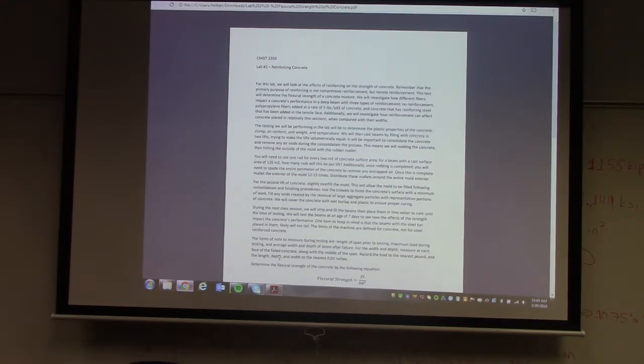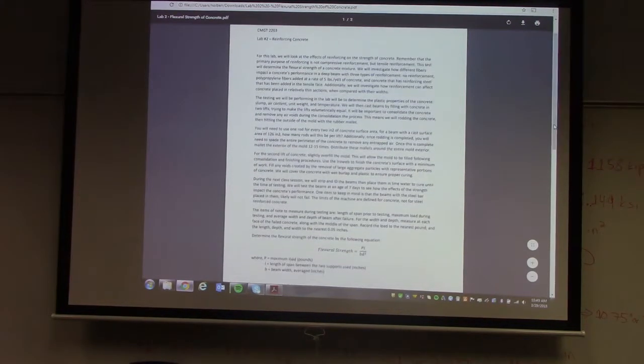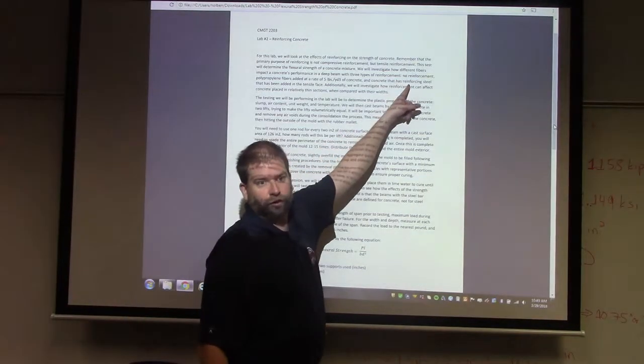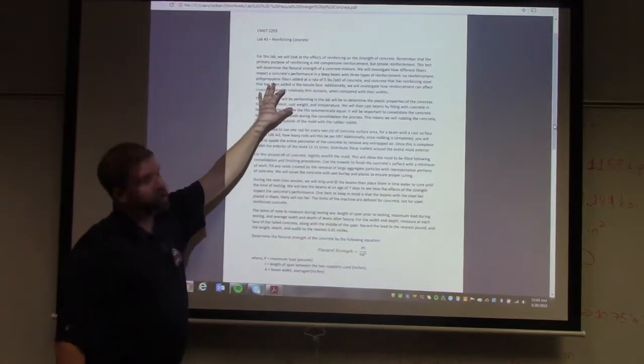So, that being said, what we should talk through is what we're looking at. We'll have no reinforcement. We'll have a mixture that has polypropylene fibers.